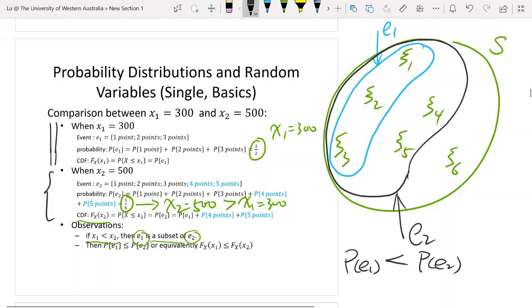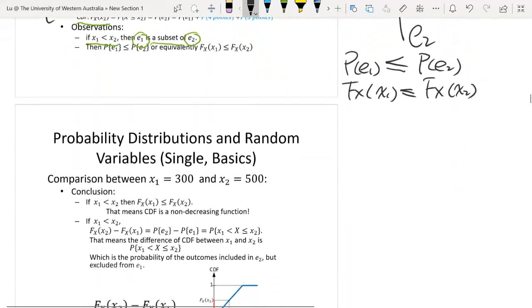Sometimes E1 may contain exactly the same elements as E2. In such a case, these 2 probabilities will be equal. As a result, we can see this result. Okay, this is the second important property.